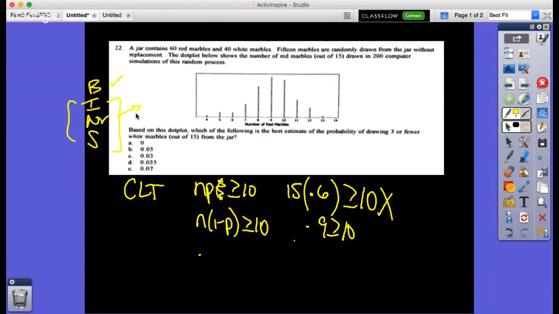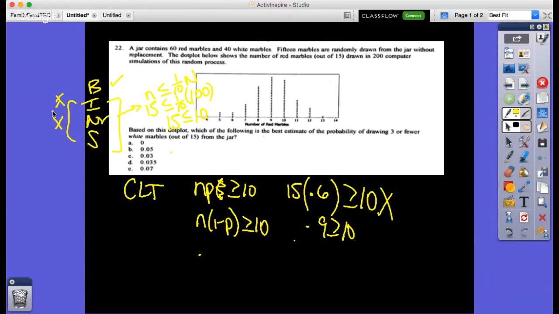So I would go right here: independent and success percentage is n less than or equal to 1/10 of my population. My population is 100. Is 15 less than or equal to 1/10 of 100, which is 10? So can I assume that? We hit another brick wall.